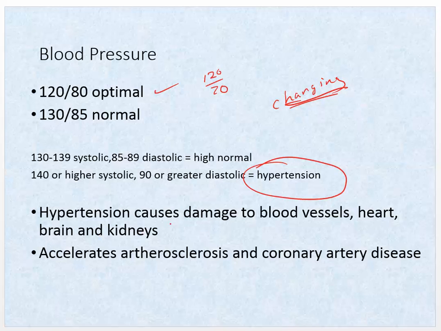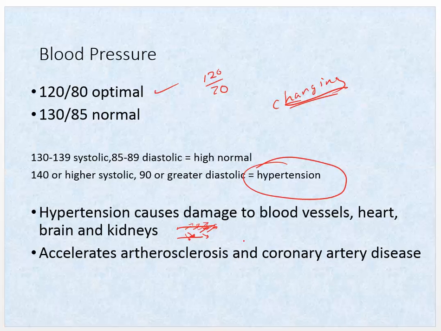So with hypertension, when you have these blood vessels constantly under pressure, it can cause damage to them, especially in the kidneys, where there's so much blood flow and a lot of passing of fluids between the capillaries. That's a very important thing that happens in the kidneys, as we'll see.